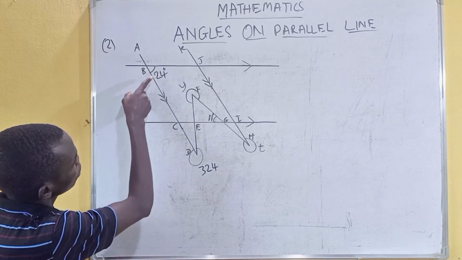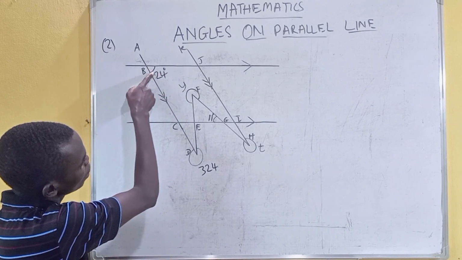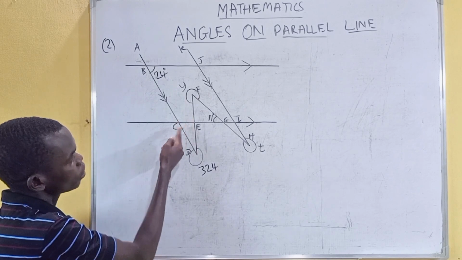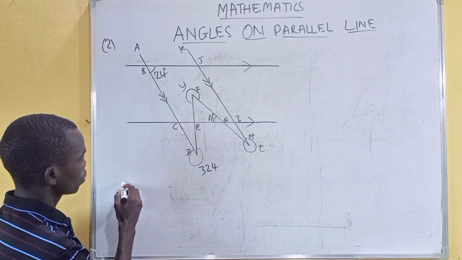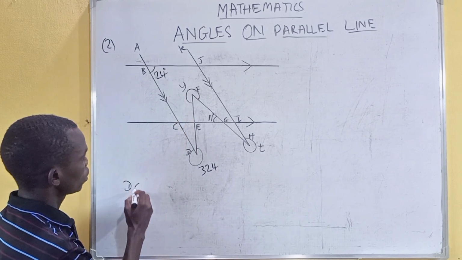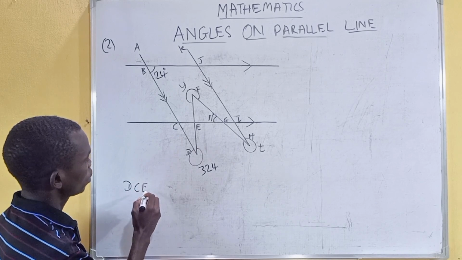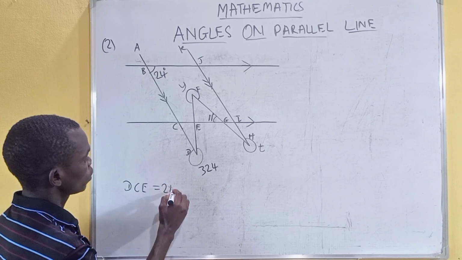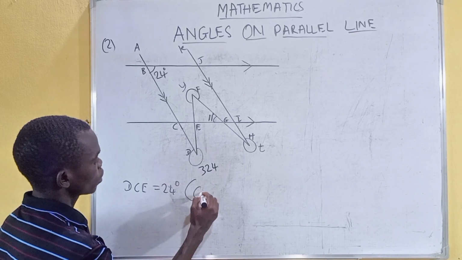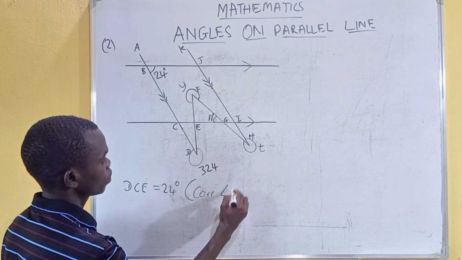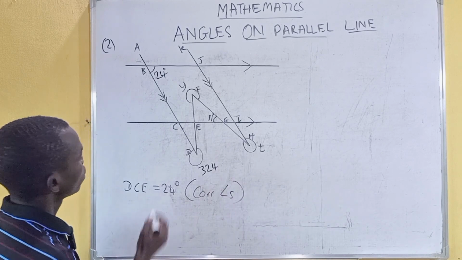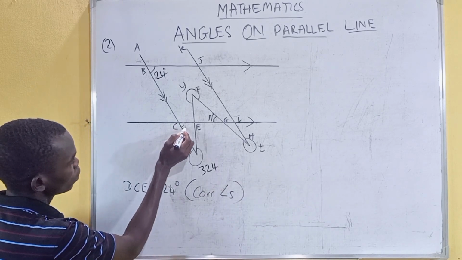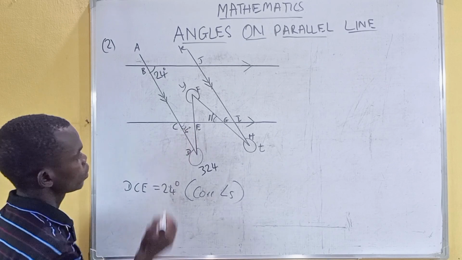So when you look at this angle, it is in relative position to this angle. Therefore, angle DCE will be equal to 24 degrees. Corresponding angles. Here will be 24 degrees.